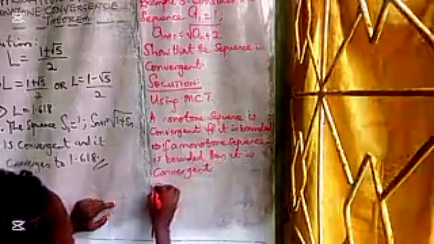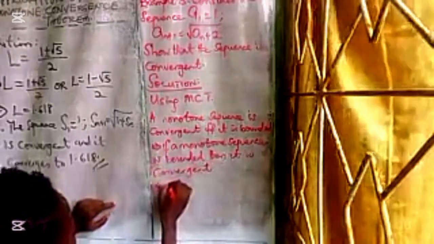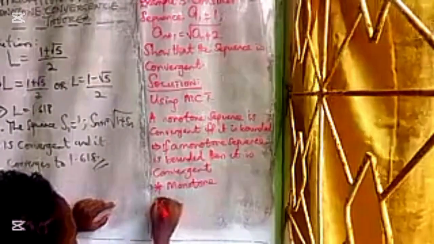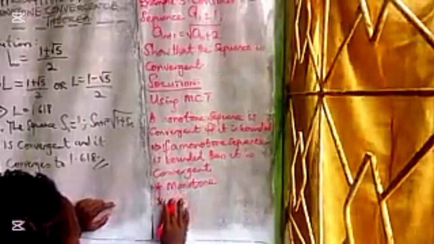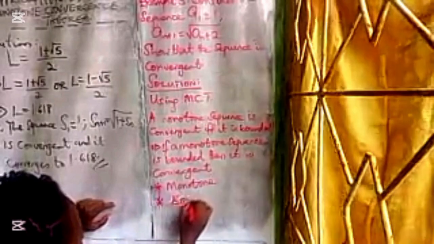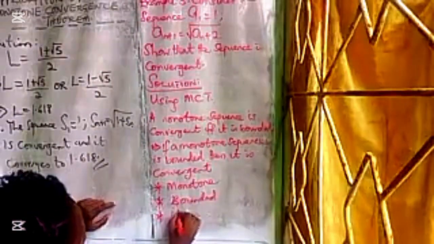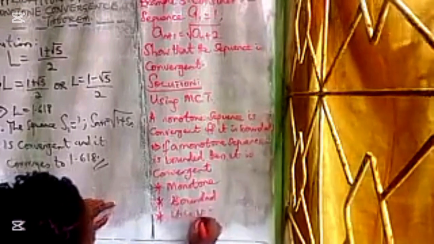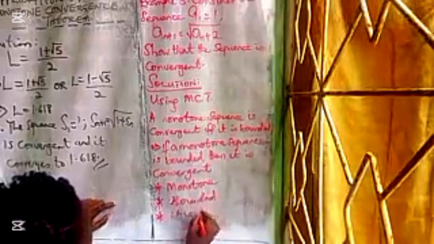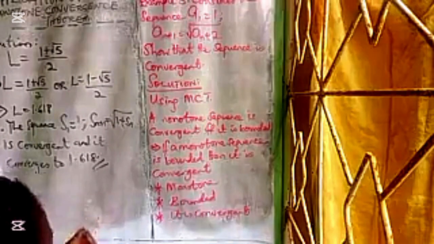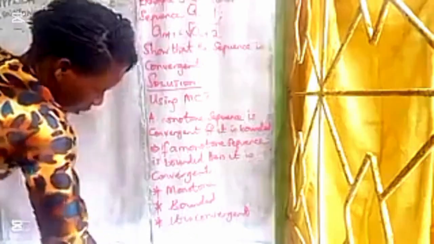So we'll go ahead to show that the sequence is monotone, we'll show that the sequence is bounded, and then we can conclude that it is convergent. To show that it is monotone, let us consider the terms of the sequence.